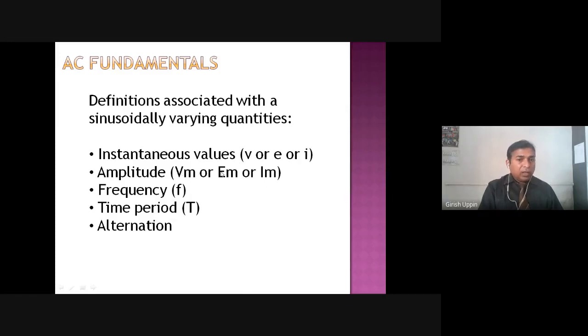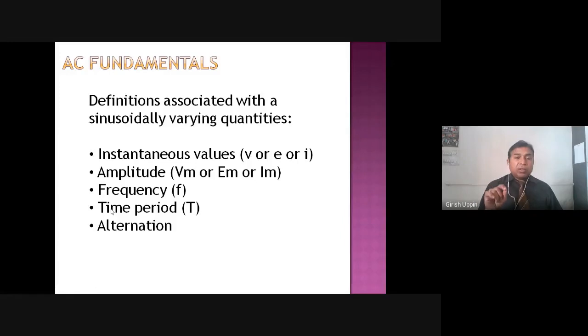Whenever you have an alternating quantity, the maximum value or peak value that it attains is called the amplitude, and it is represented as Vm, Em or Im, with v, e and i in capital letters. And frequency, as already said, is nothing but the number of cycles per second. So how many cycles there are in one second represents the frequency. This is also represented in another unit, hertz, cycles per second or hertz. And what is a time period?